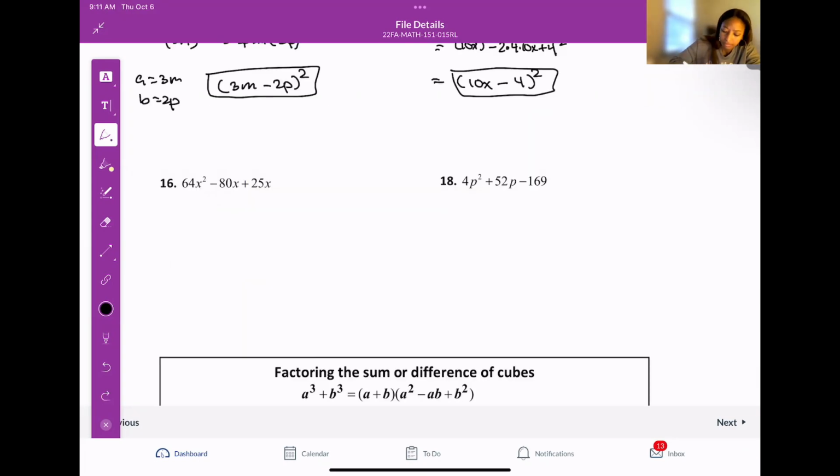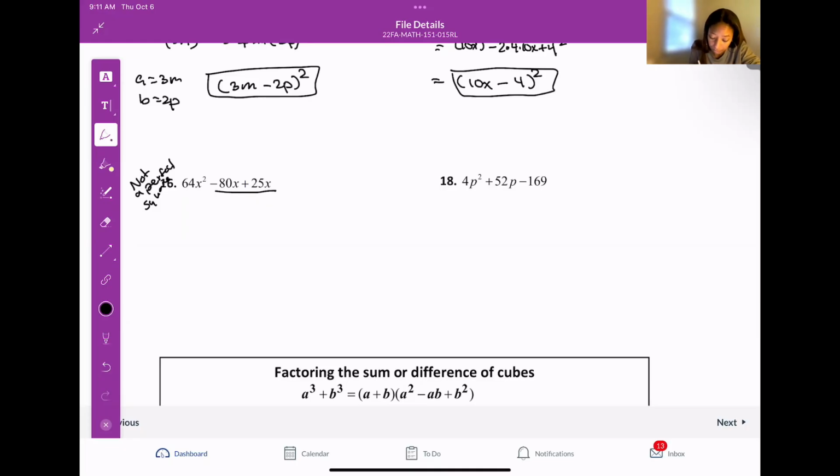This one is not a perfect square, because these two last terms are just both x terms. So we can simplify this a little bit. 80 minus 25 would be what, 55?